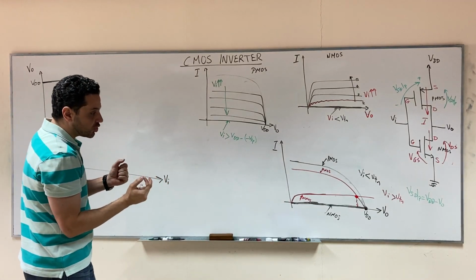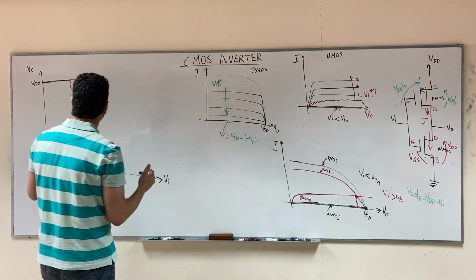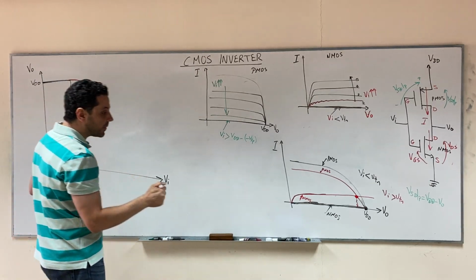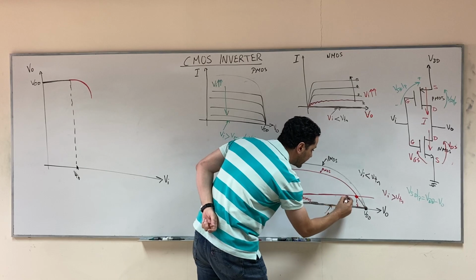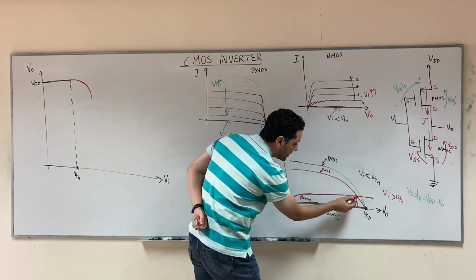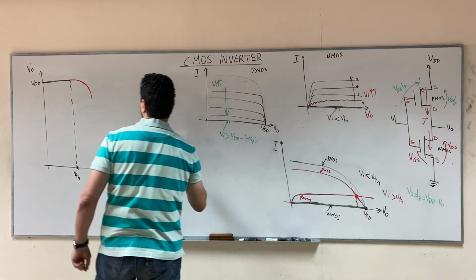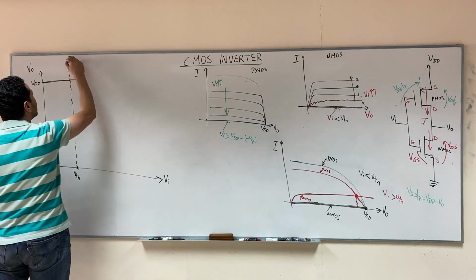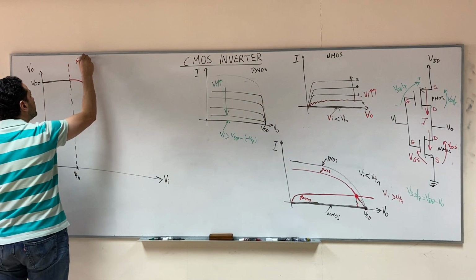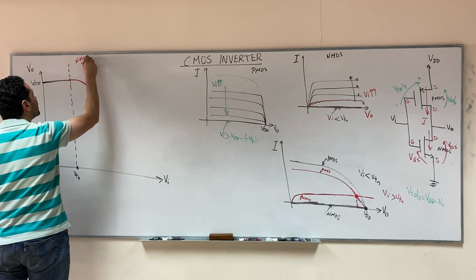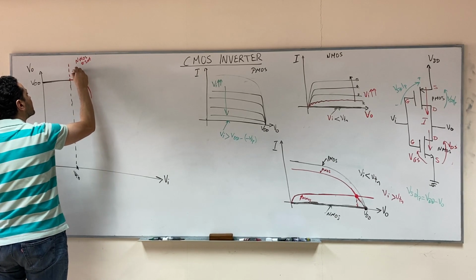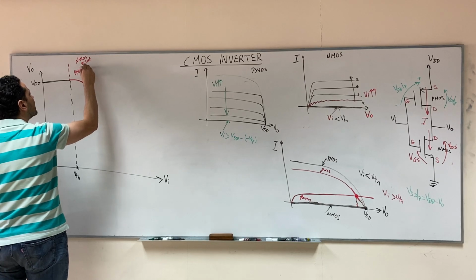In this region, the NMOS is operating in the saturation region, and the PMOS is operating in the triode region. So here we say that the NMOS is saturation and the PMOS is triode.